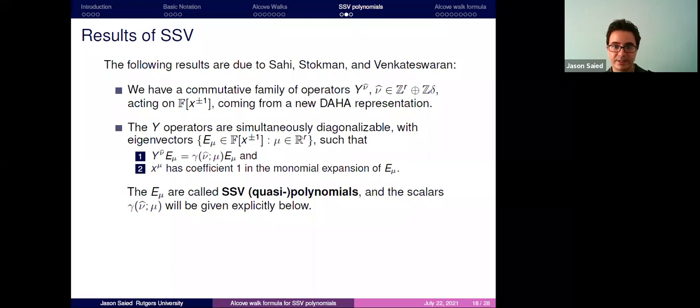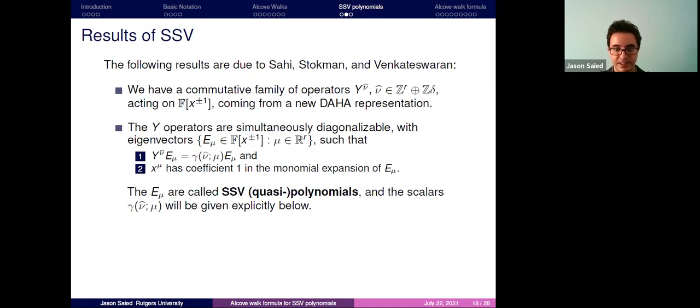These eigenvectors are what we'll call the SSV quasi-polynomials, or most of the time, I'll forget to say quasi and just say SSV polynomials. The fact that they come from eigenfunctions of the Y's, just like Macdonald polynomials, is what makes them accessible to study.